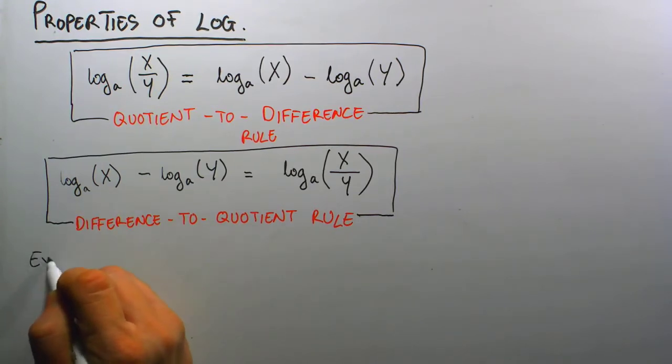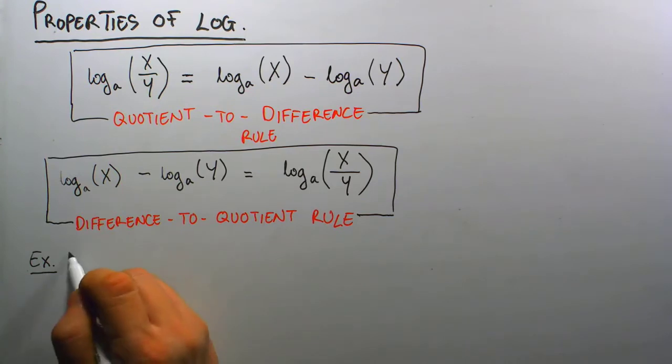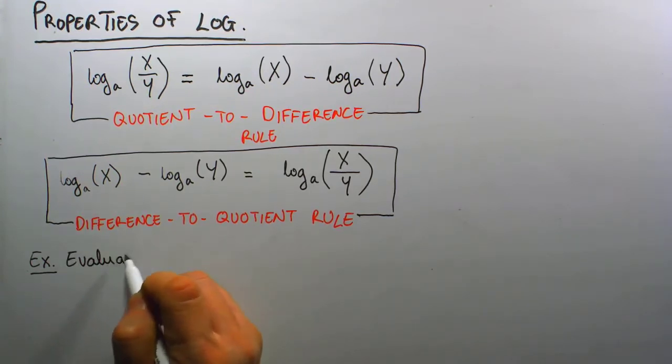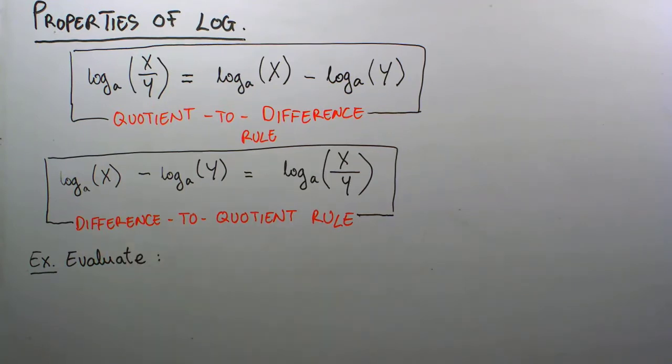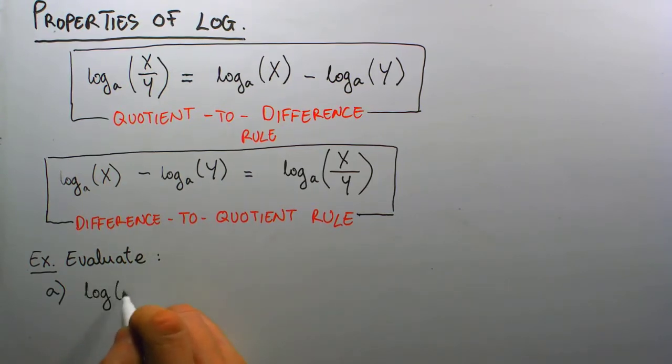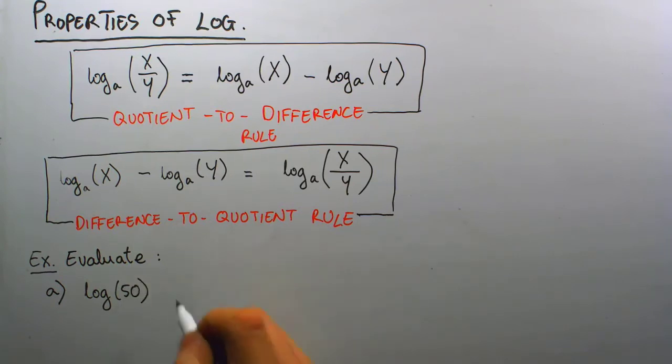So now let's look at one example where we want to do a basic computation problem. So let's evaluate. In part A of the example, let's evaluate log base 10 of 50 minus log base 10 of 5.